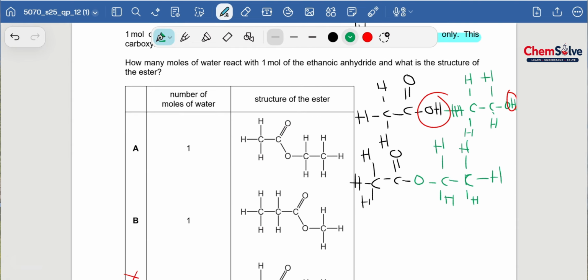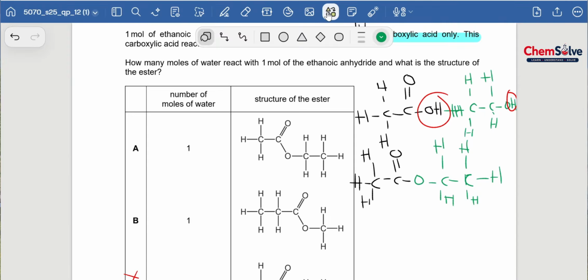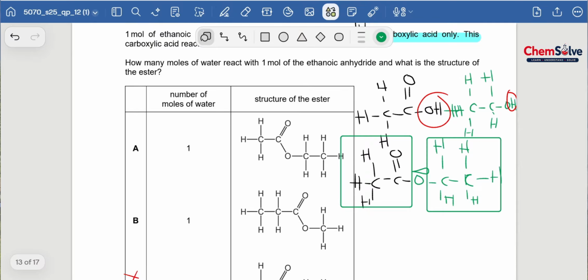If we look at this structure, then just compare it with our options. We have this part and also this part.